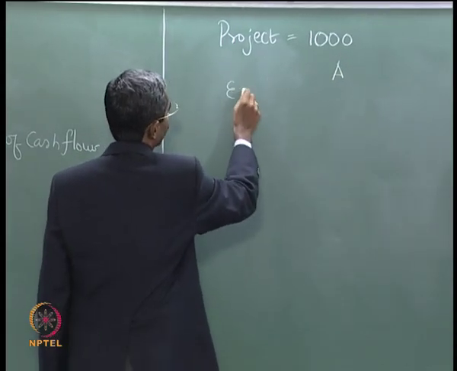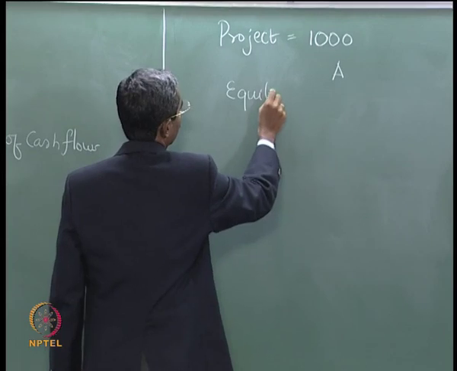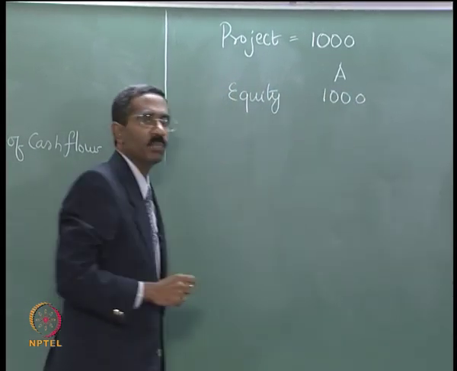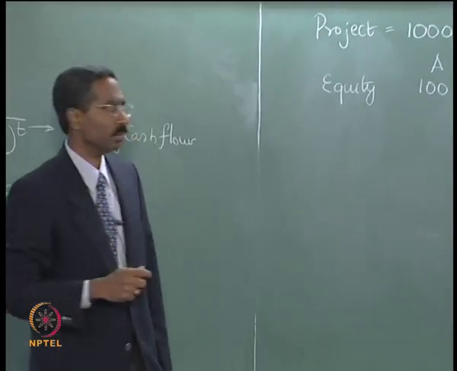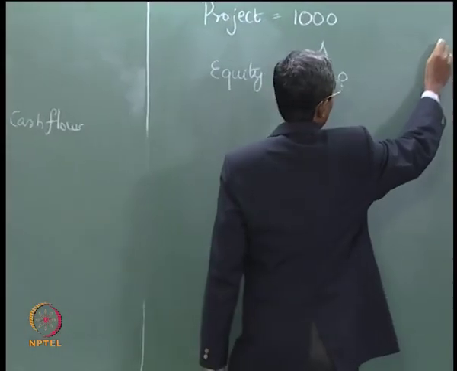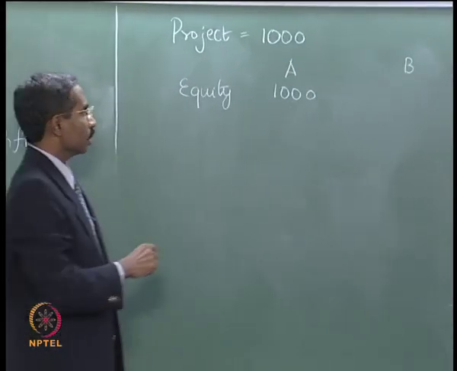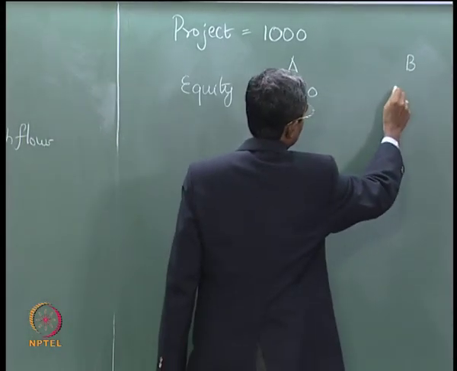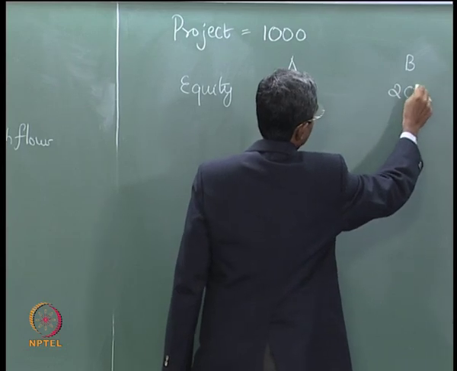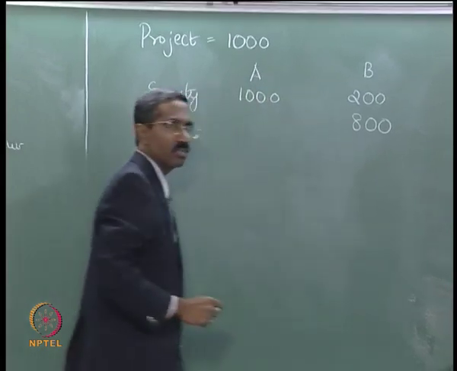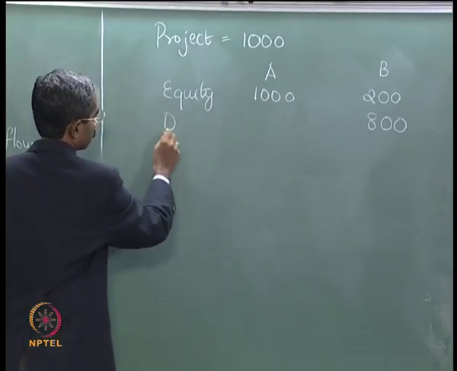Company A has funded this project entirely by equity. So, the entire 1000 needed for implementing the project has come from equity. Company B has obtained debt: only 200 of the project is funded by equity, and the remaining 800 is funded by debt.